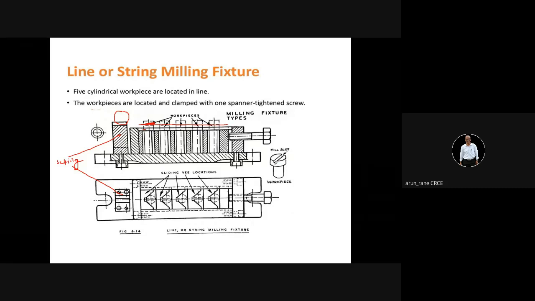That is nothing but this. ये जो slot है. So this height has to be matched properly. ये height आपका match होना है बराबर. Okay. So 5 workpieces are milled. I hope you are able to understand this drawing.